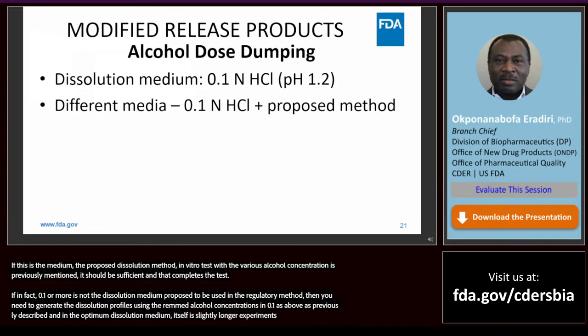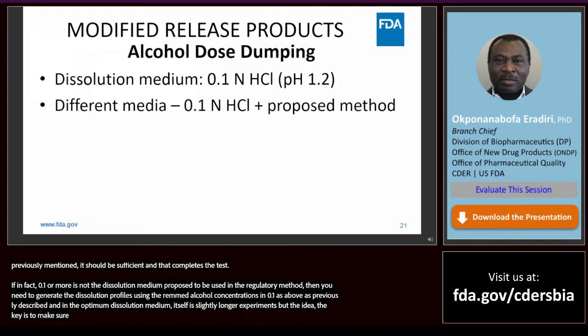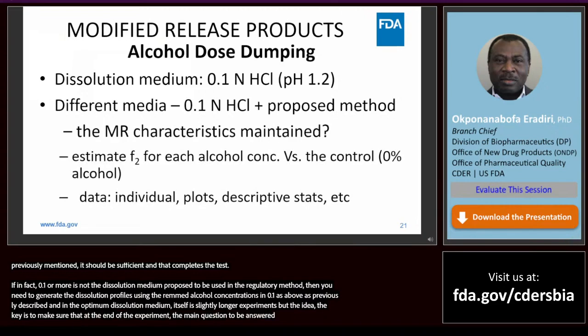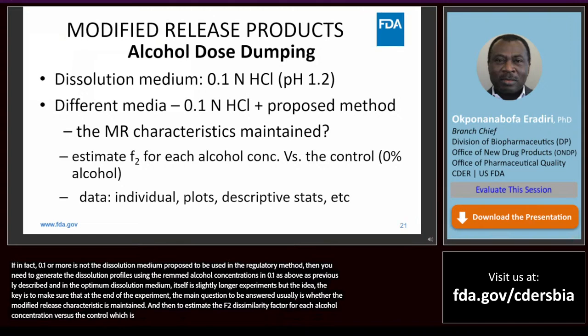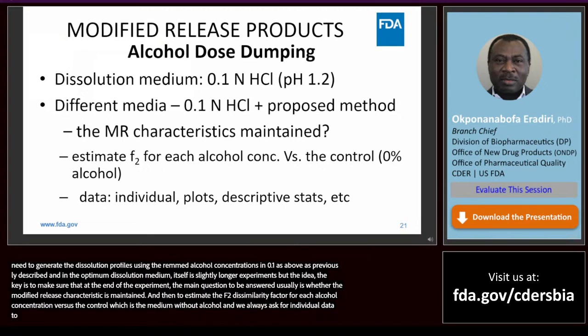But the key is to make sure that at the end of the experiment, the main question to be answered usually is whether the modified release characteristics are maintained, and then to estimate the F2 similarity factor for each alcohol concentration versus the control, which is the medium without alcohol. And we always ask for individual unit data to be provided, to be tabulated, and also plots and descriptive statistics.